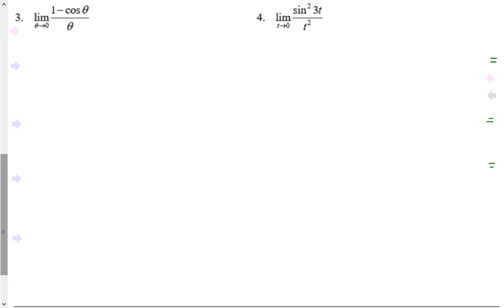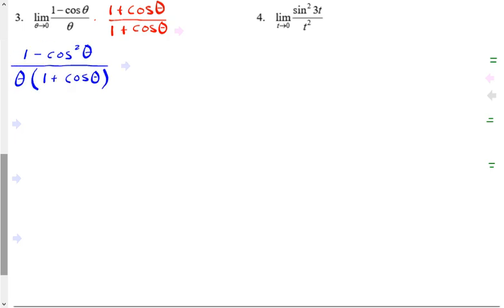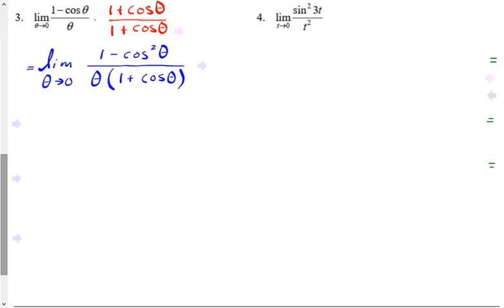So our first step here will be to multiply by the conjugate 1 plus cos theta over 1 plus cos theta. That will make my numerator a 1 minus cos squared theta, which is a rearranged Pythagorean identity. That numerator will equal sine squared theta.